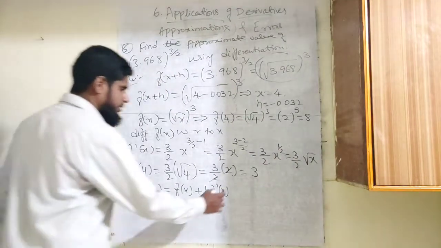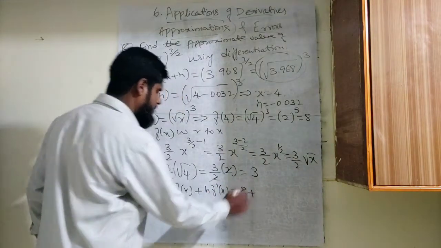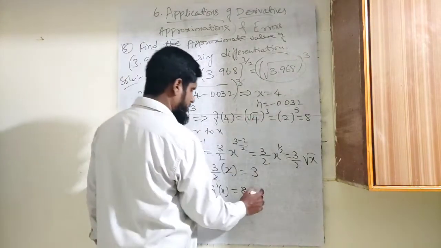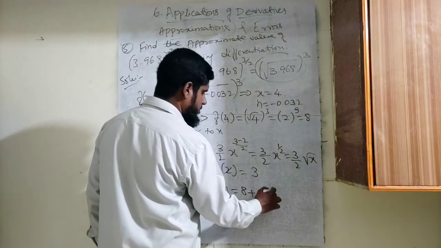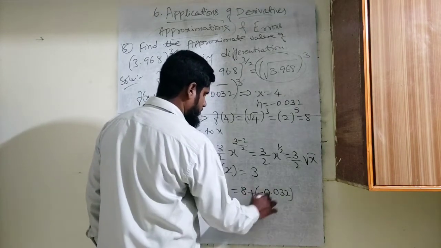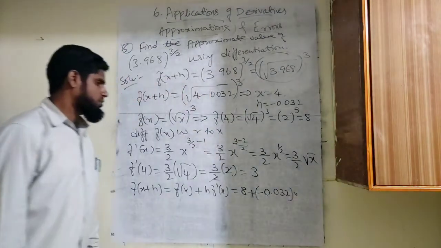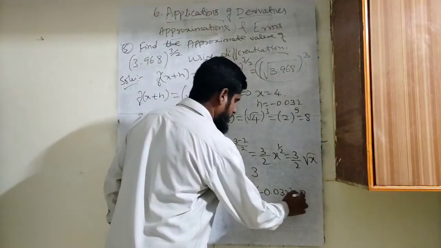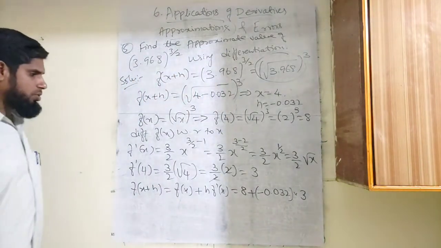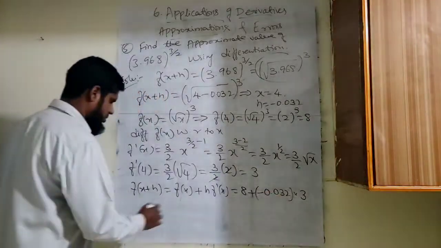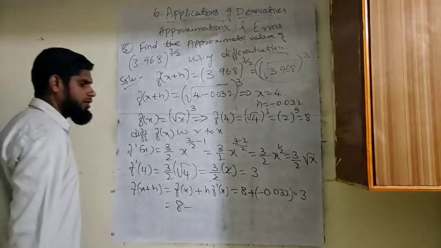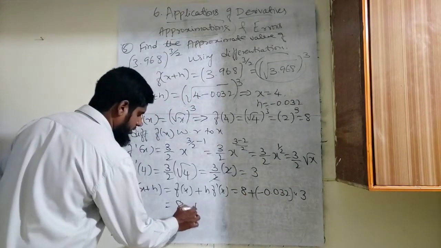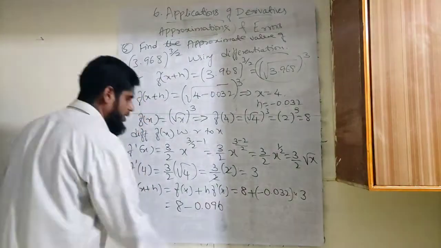And here, 8 plus h, my h is minus 0.032, into my f dash of 4 which is 3. So if I multiply, 3 2s are 6, 3 3s are 9, it is 0.096.